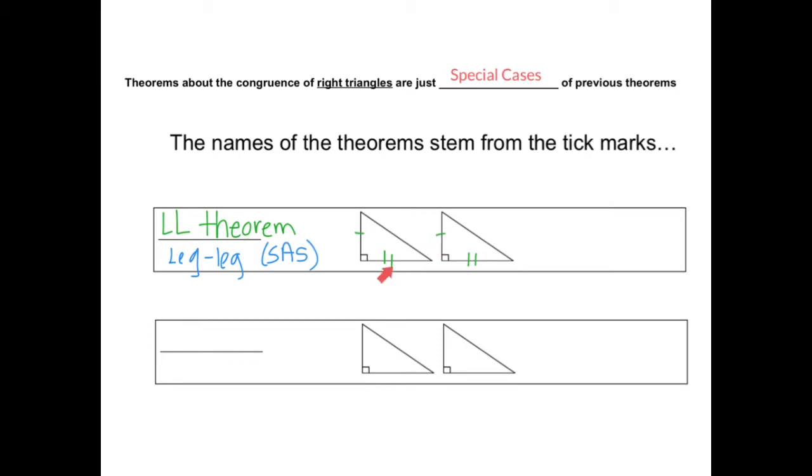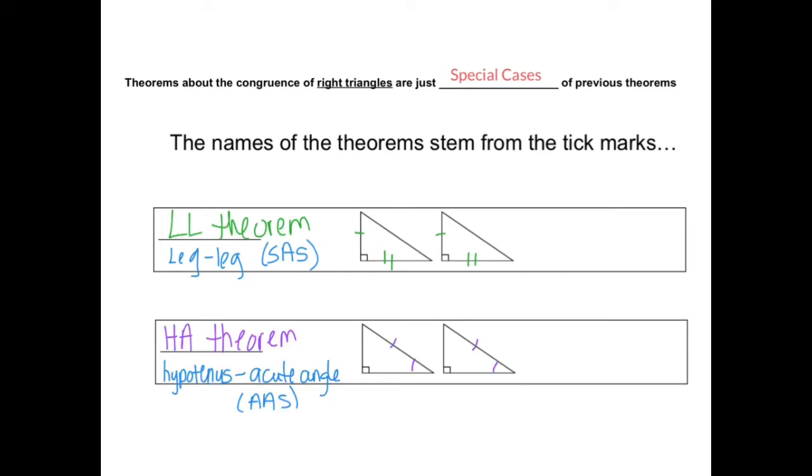We just need the two legs to be congruent. So if the two legs of a right triangle are congruent to the corresponding ones in the other triangle, they don't have to be congruent to each other, then the two right triangles are congruent, and you could say by the LL theorem.